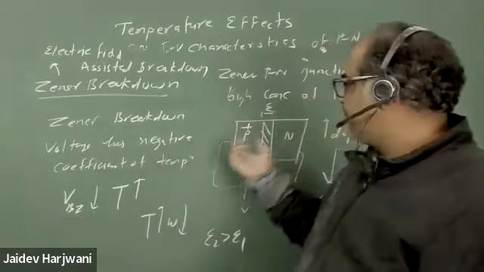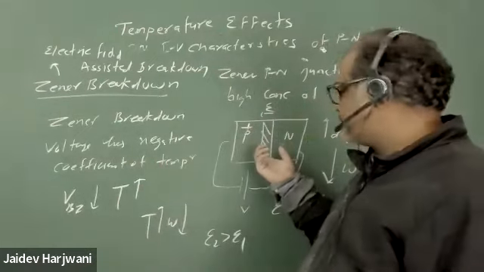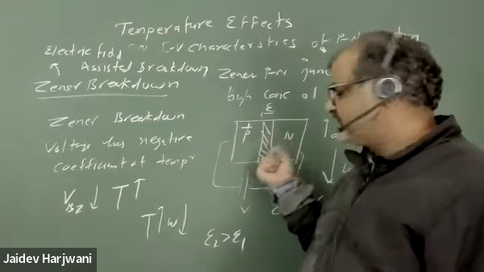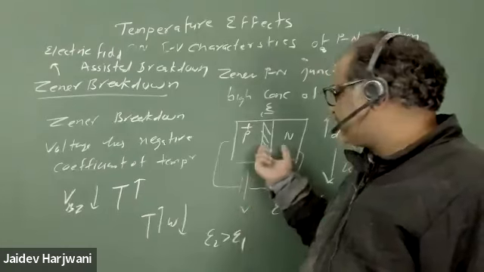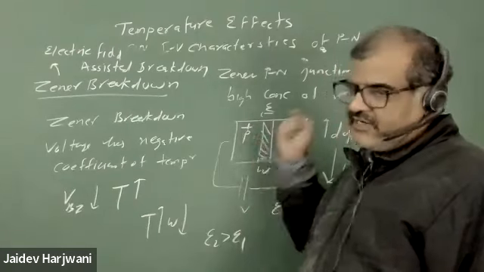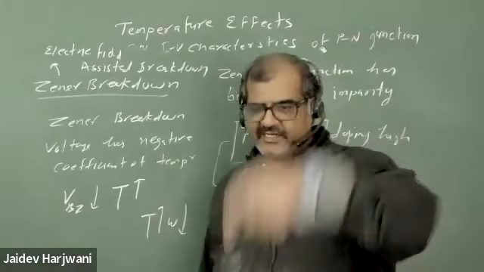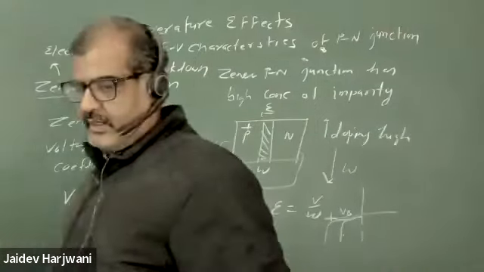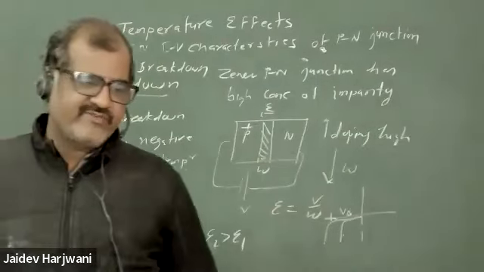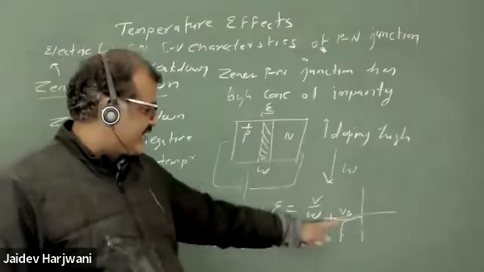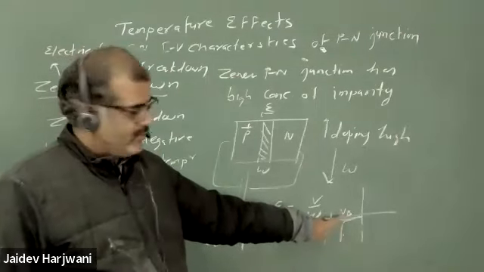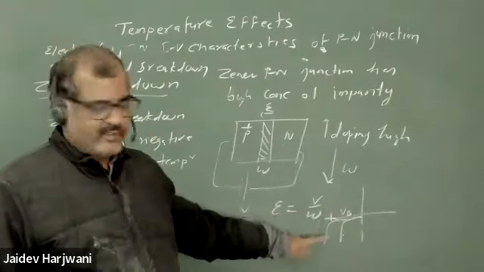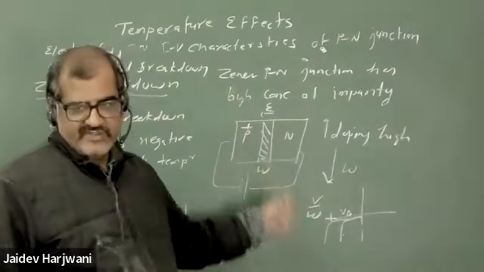The second mechanism is that the electric field itself is very high, and the width is so small that whatever voltage is applied creates maximum electric field inside. That electric field itself can break the bond, and you get a lot of free charge carriers, so your current increases. That's why Zener breakdown happens at a lower voltage compared to avalanche breakdown, because in Zener the width is small.